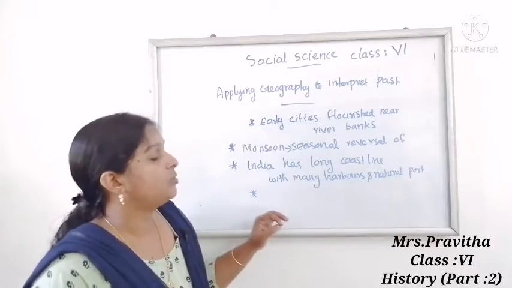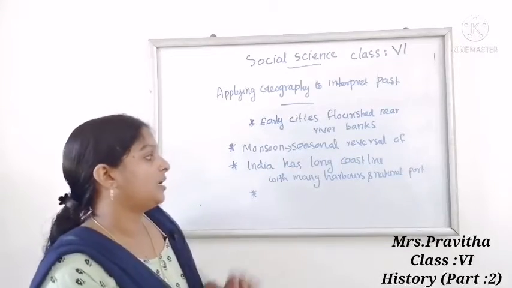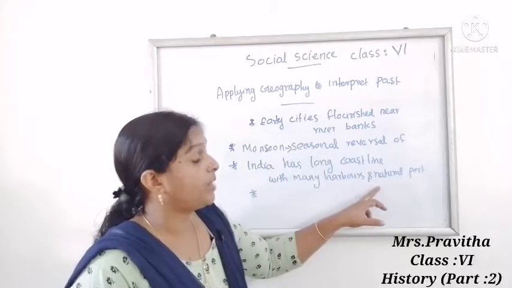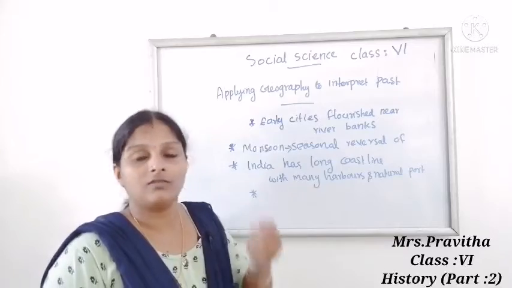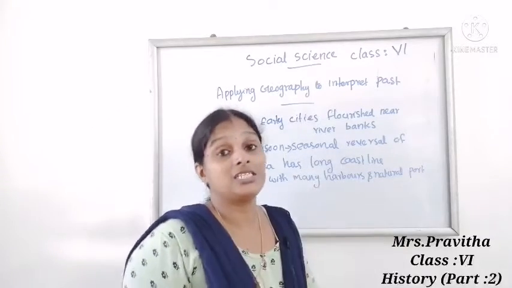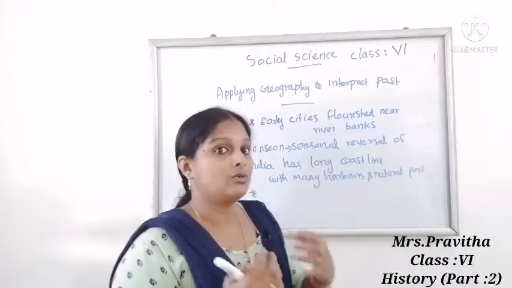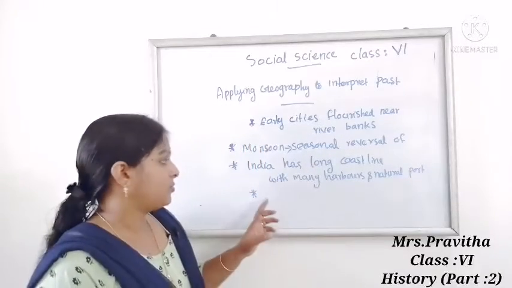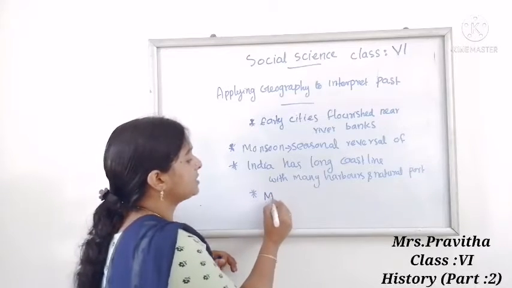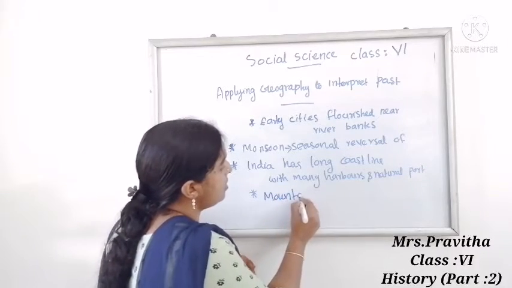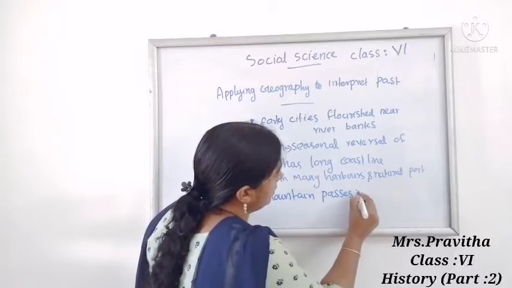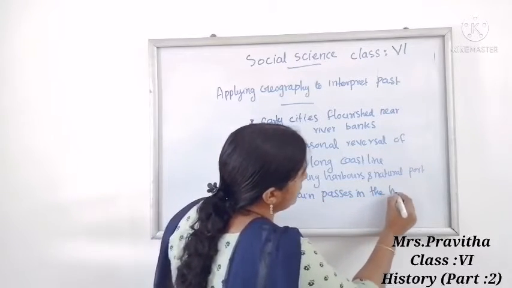Then third one, ma'am told India has a long coastline with many harbors and ports. Through these harbors and natural ports, many trading activities took place. India maintained trade relation with distant places. The last one, ma'am told, mountain passes in the Himalayan ranges.